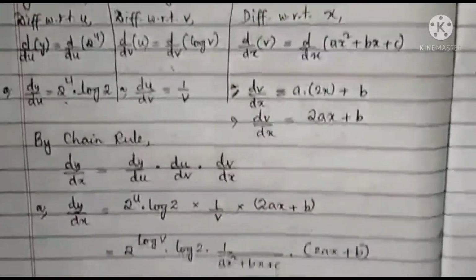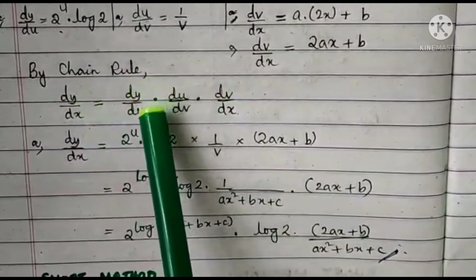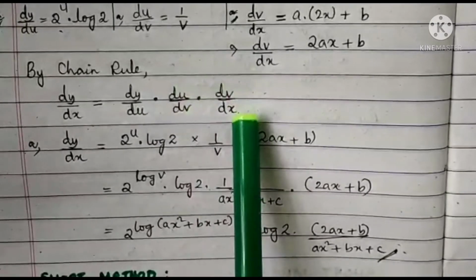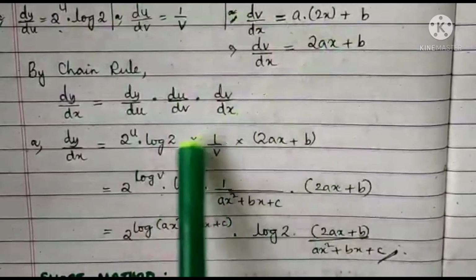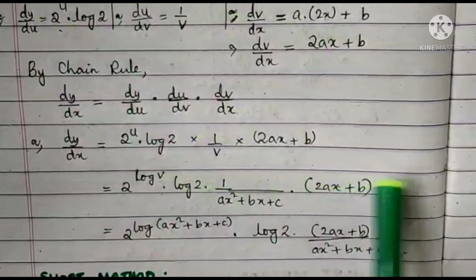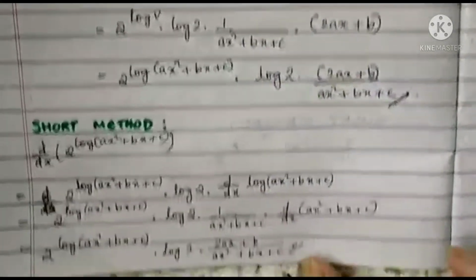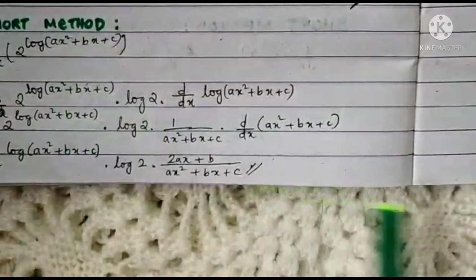Correct? Put all your values here. Substitute back the values of the different variables that you had introduced, and you will get your answer. Simple. Okay. You can check the short method also from here.